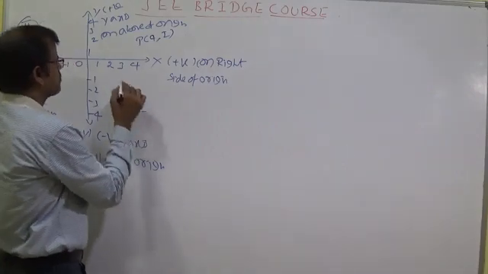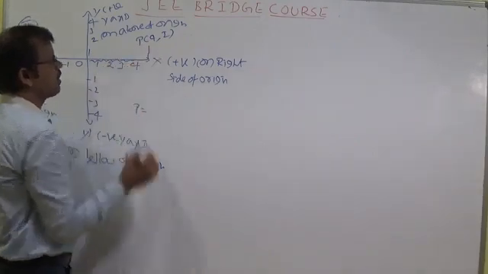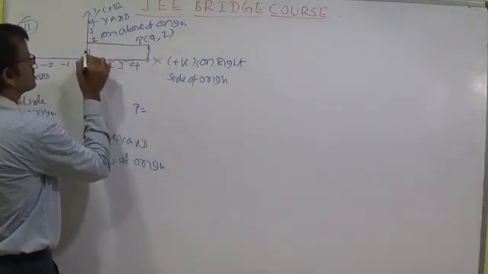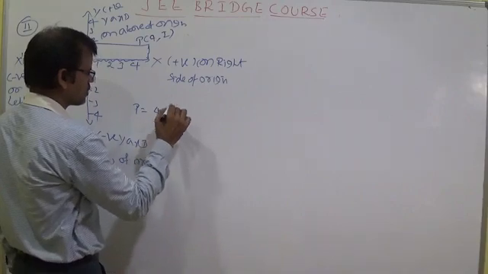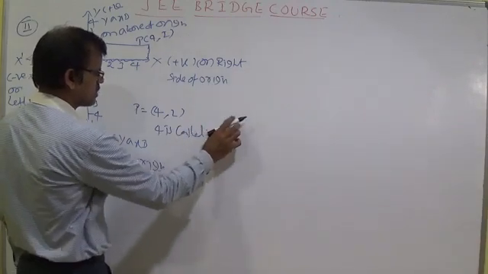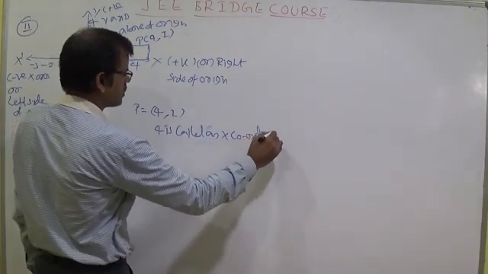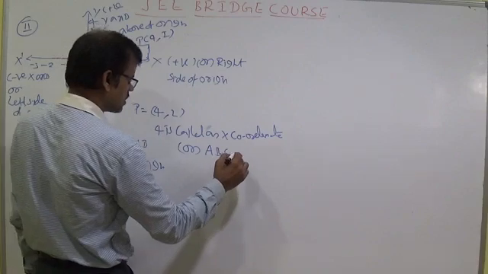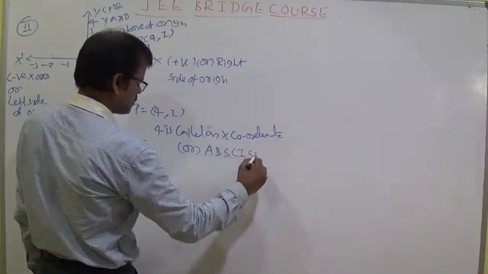P is the point 4 units distance from origin on the x-axis, and 2 units distance from origin on the y-axis. So P is equal to 4, 2. 4 is called the x coordinate or abscissa. That special name is there, abscissa.